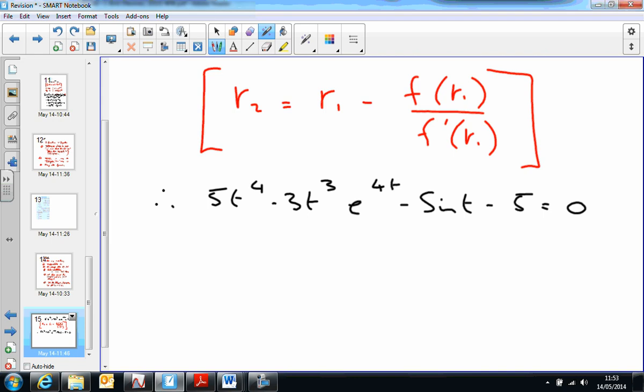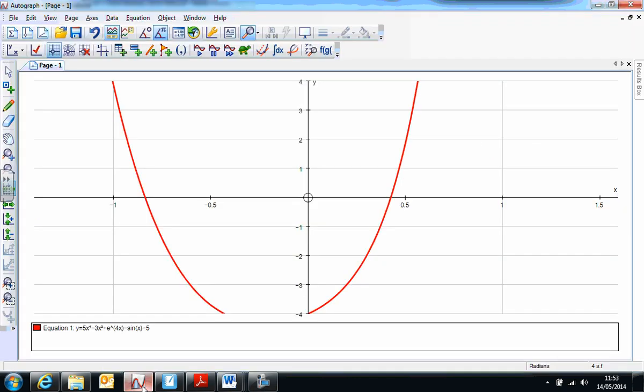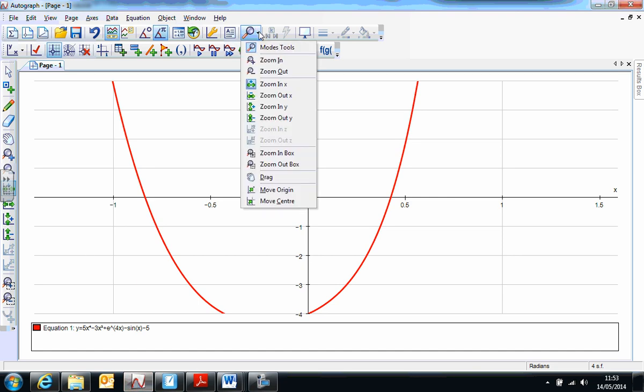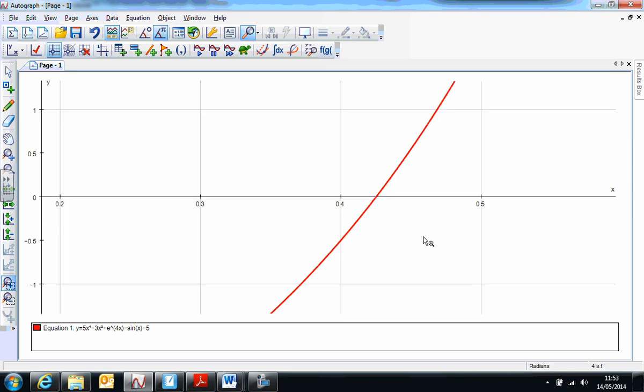I've plotted this function on Autograph. Here it is. And so I know that my answer is around about 0.4, something like that, 0.5. So what I might do on Autograph is to zoom in, and I could get the root that way by zooming in gradually on the screen.